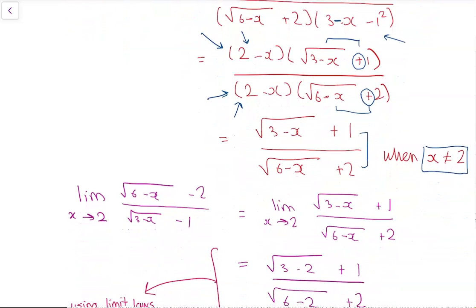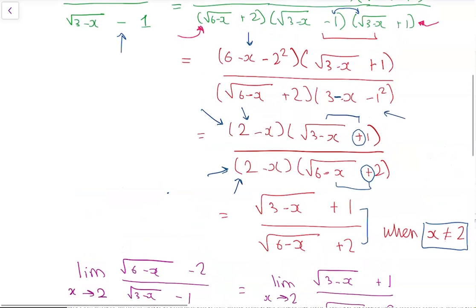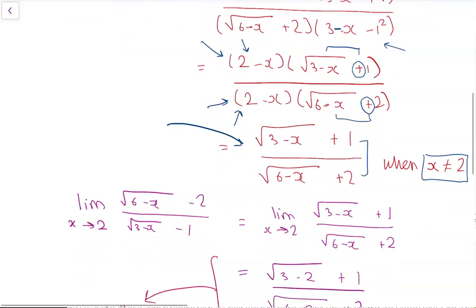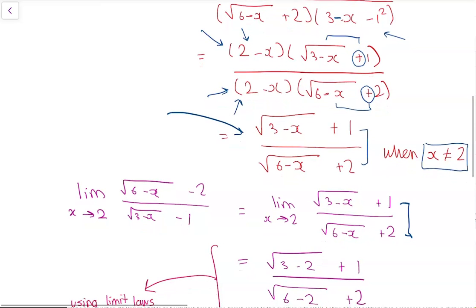Now if we try to compute the original limit using this expression, you can instead find the limit of the square root of 3 minus x plus 1 divided by the square root of 6 minus x plus 2. This is allowed because this identity always holds when x is close to but not equal to 2.